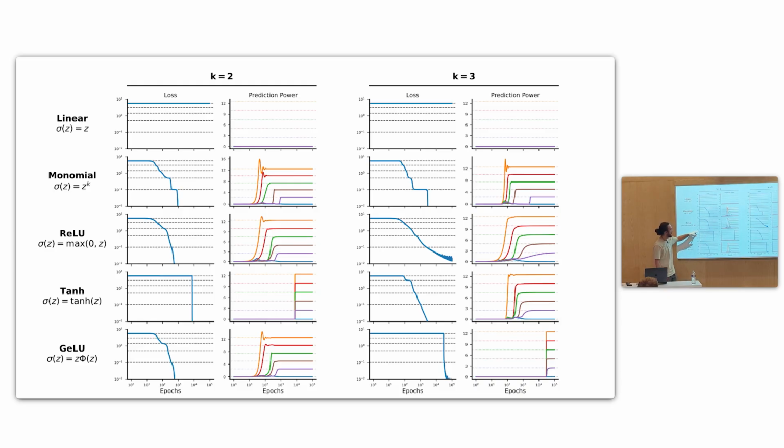And indeed, tanh does not learn through this similar stepwise process as square. It actually learns through something totally different. It does learn it, but in the beginning, if you were only to train for a fixed amount of time, it would not learn the task. However, it does have a cubic expansion, and so in the k equals 3 case, it does learn it, and it does learn through this stepwise process.